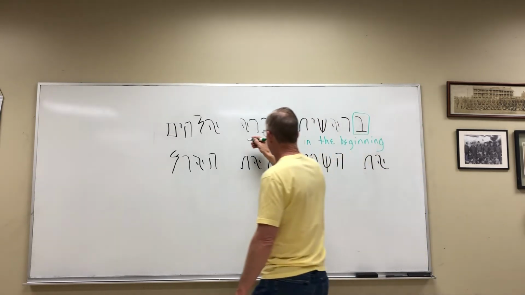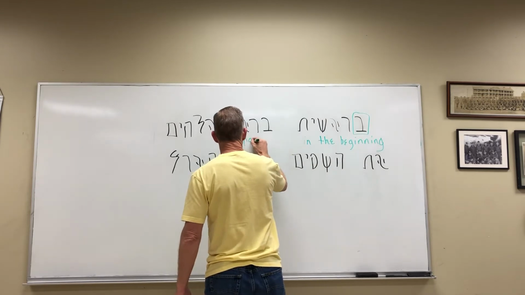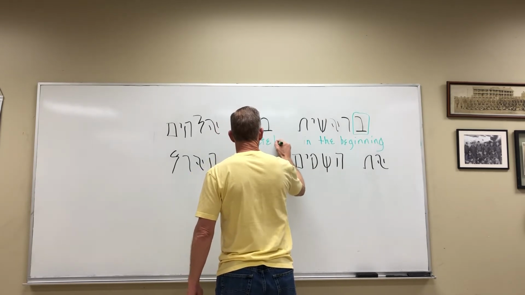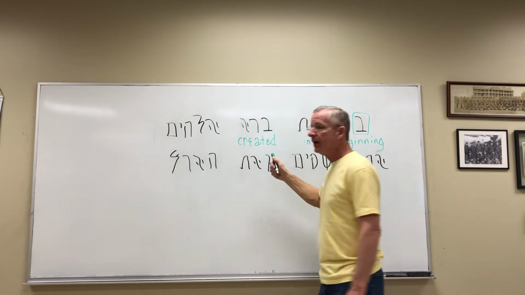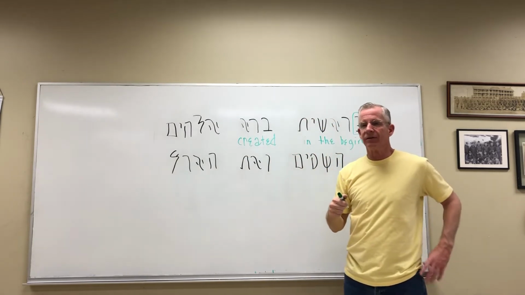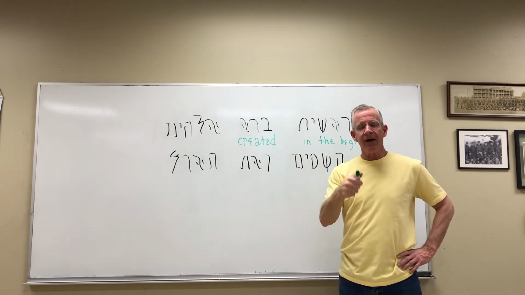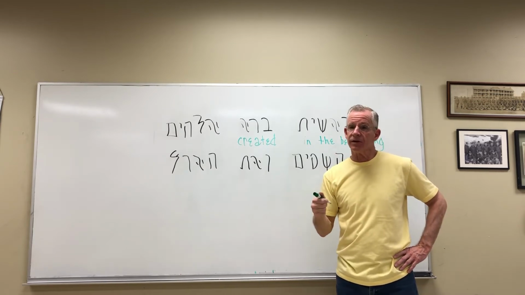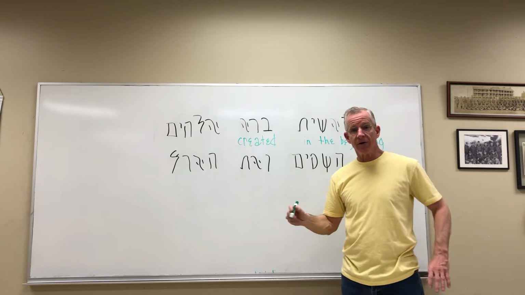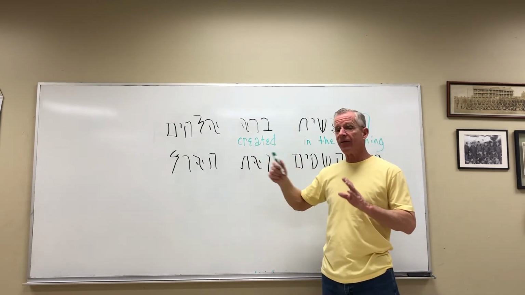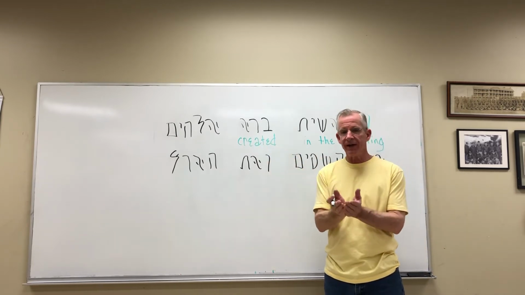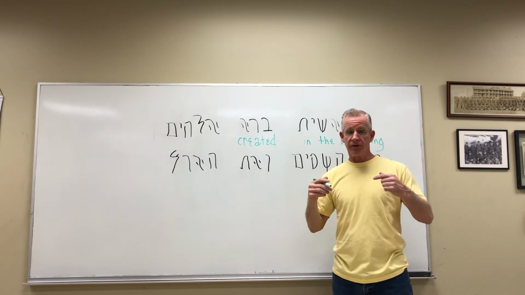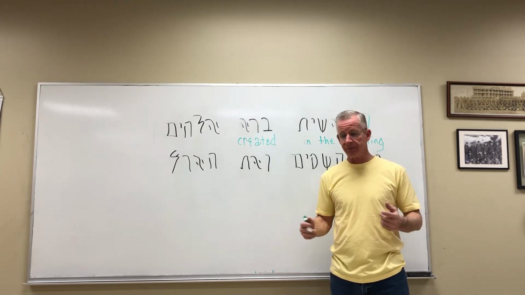This is the English word create. It's pronounced bara. And what's interesting about that word, it's only used in the Bible of God and never used of people making things. In other words, this word is reserved for God's activity in creating things, but it's never used when people create things.